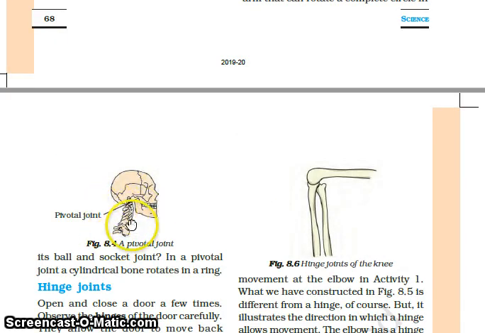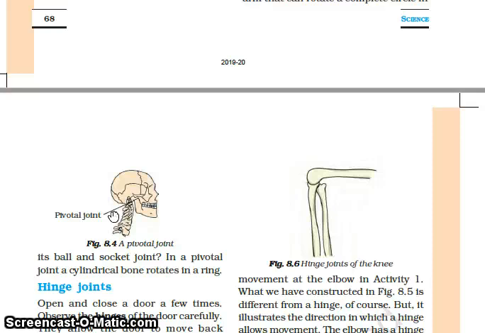So you can see this is the pivotal joint through which your head is joined to the neck. You can move your neck right and left also. You can move your head right and left also. You can try it yourself, and you can move it up and down, forward or backward also.